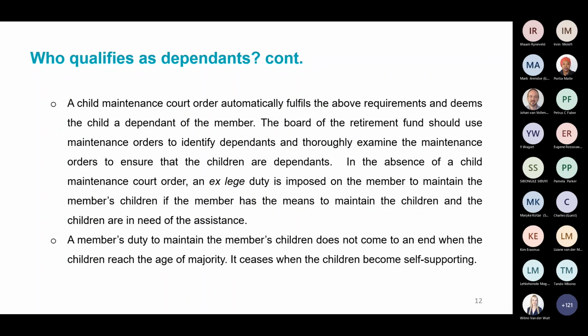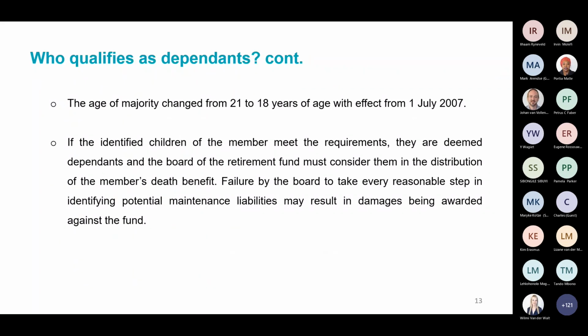Because let's face it, from my experience, just because someone is 18 years of age, in fact, many kids are only in matric at that age, so they are certainly not in a position to maintain themselves. Then they might be studying, they might be working, but not earning enough to really support themselves. So you'll still have a duty to maintain that child who is a major but not self-supporting.